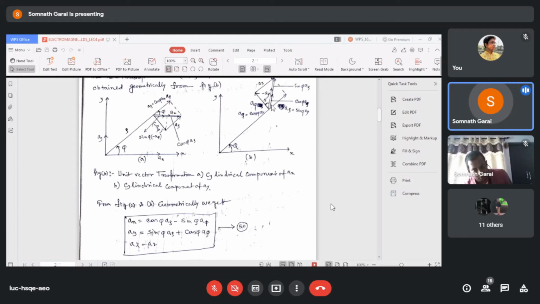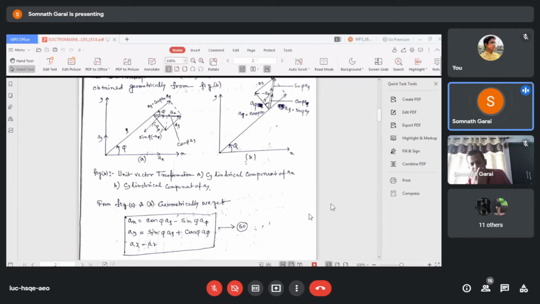So according to the vertical direction, the component does not constitute a phi angle or theta angle. So the component of this vector will be sin phi into a rho. If a rho constituted a phi angle, then it would be cos phi.